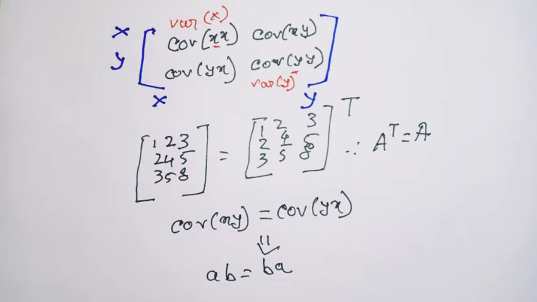Now, for example, we will take those values and calculate a little bit, and we will put those values in the covariance matrix in order to see how a covariance matrix actually looks like. So let us write those values once more over here.